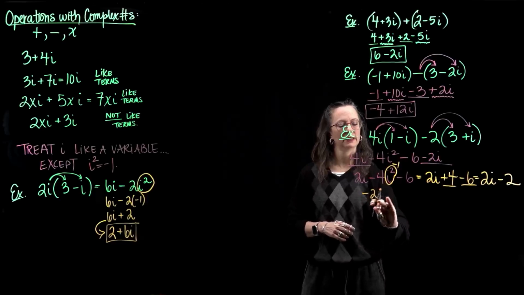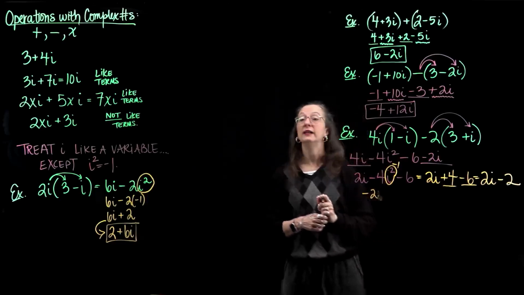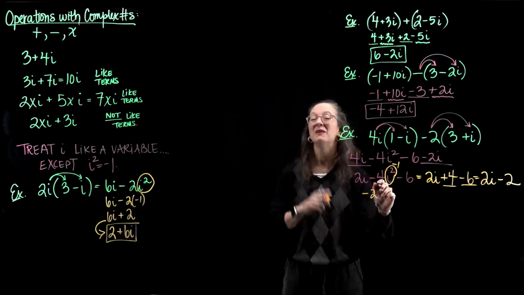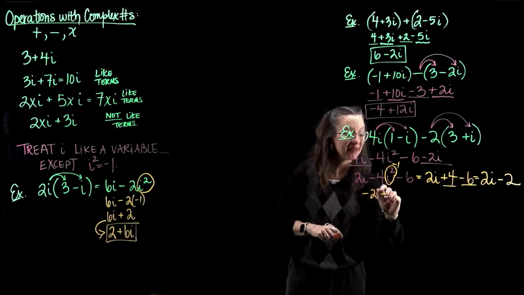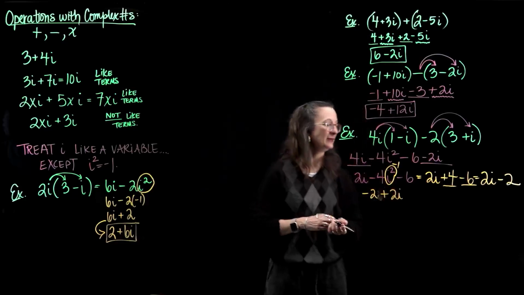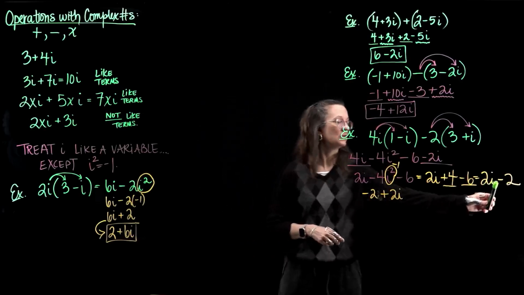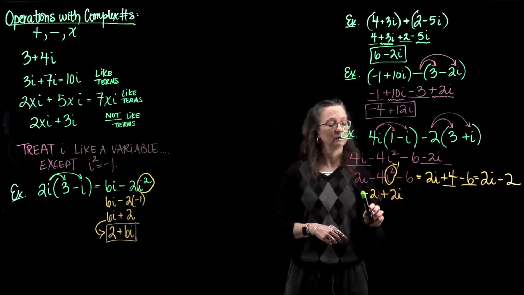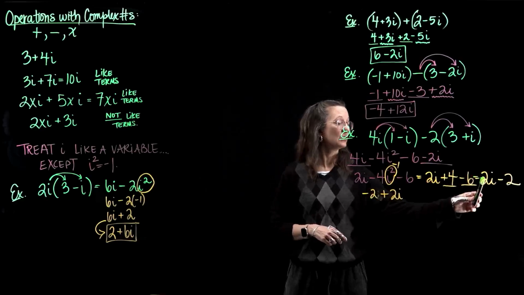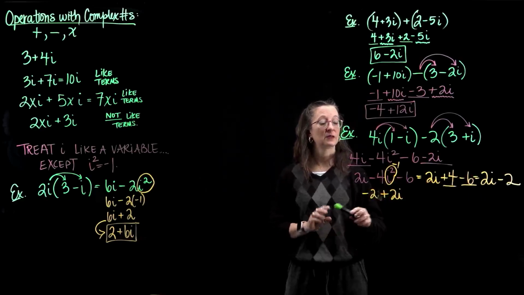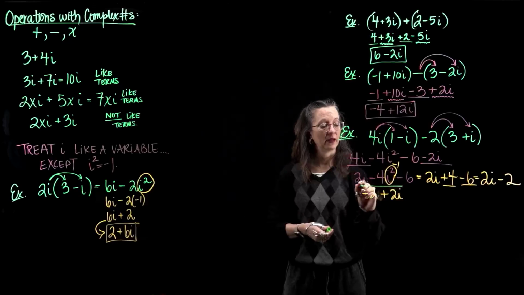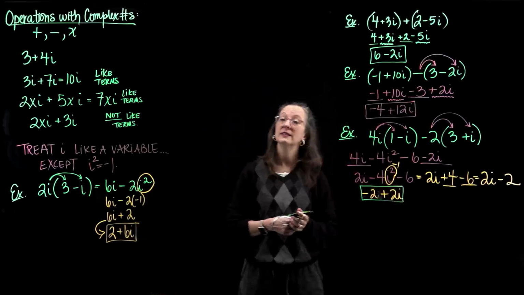Oops, made a mess there. All right, so minus 2 plus 2i. So that minus goes with the 2 here to come down here. The 2i is positive, so it stays positive, and we end up with our answer in standard form.